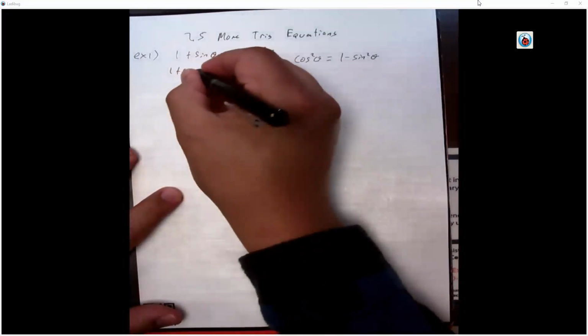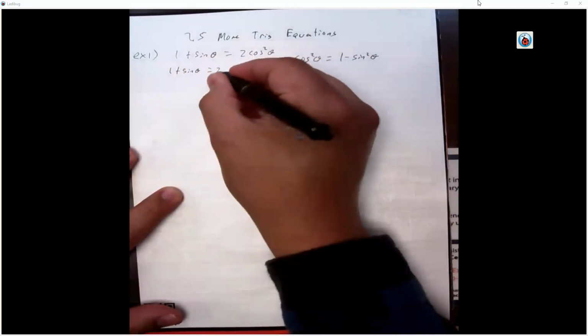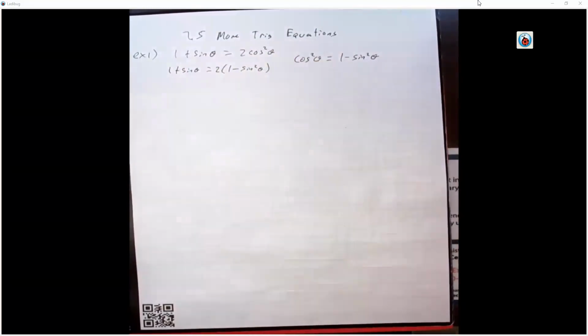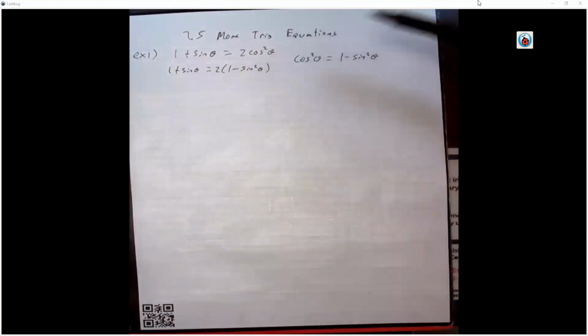1 plus sine. Also going back to the earlier section. We're going to apply those ideas in order to solve the equation. Now that everything's in sine, I can most likely factor something.